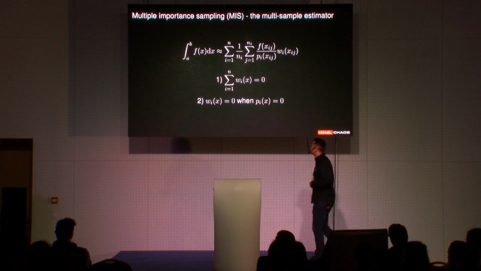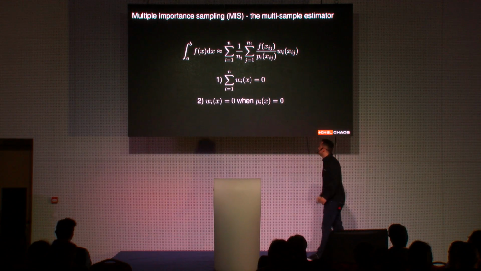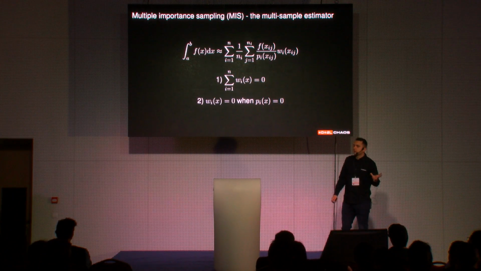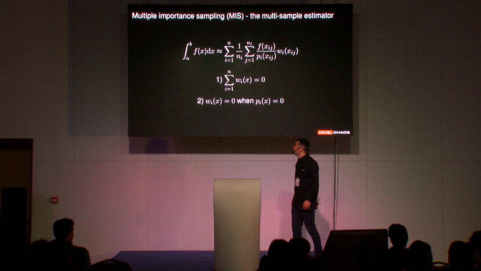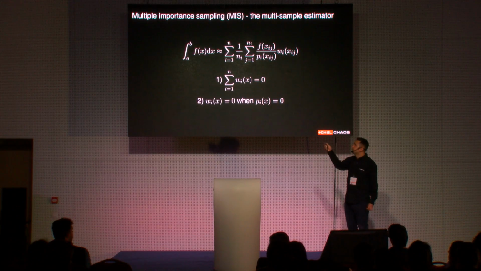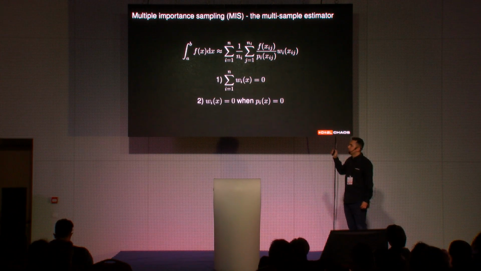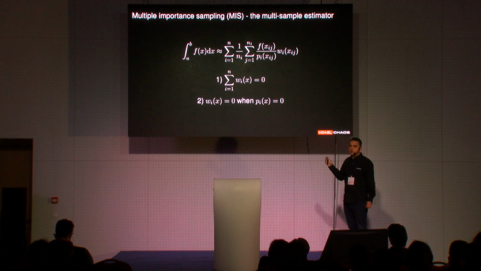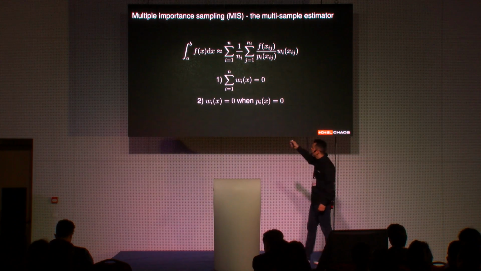And you can see that everywhere where some of the sampling strategies are 0, the weights also have to be 0. This doesn't mean that we have a good estimator here. This just means that it will converge to the proper solution if we have such weights.